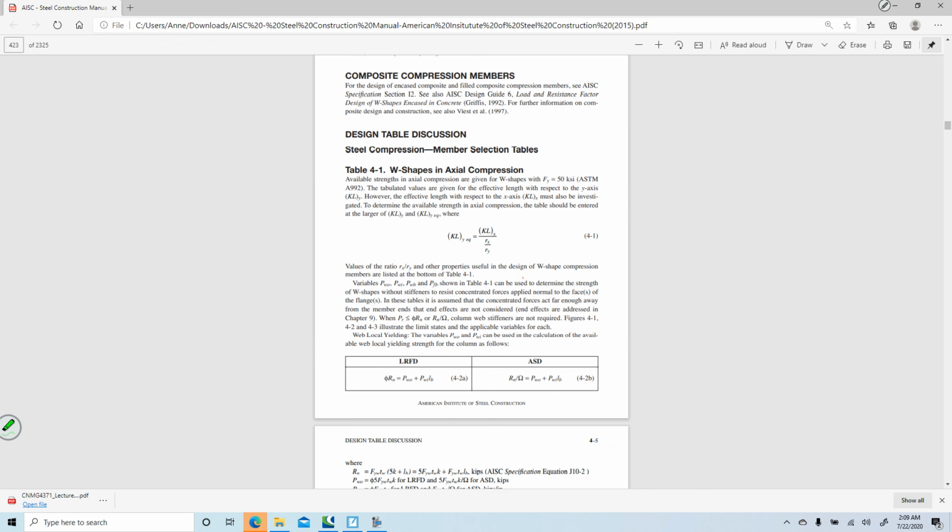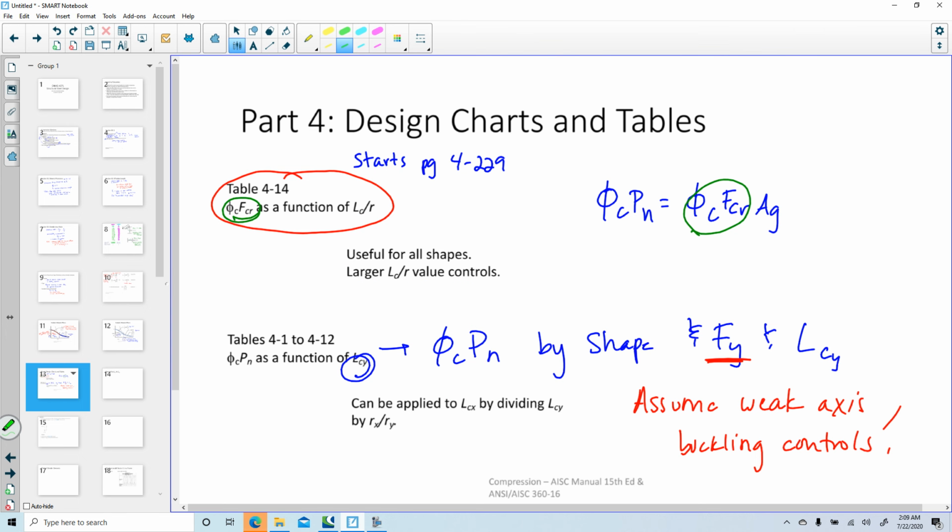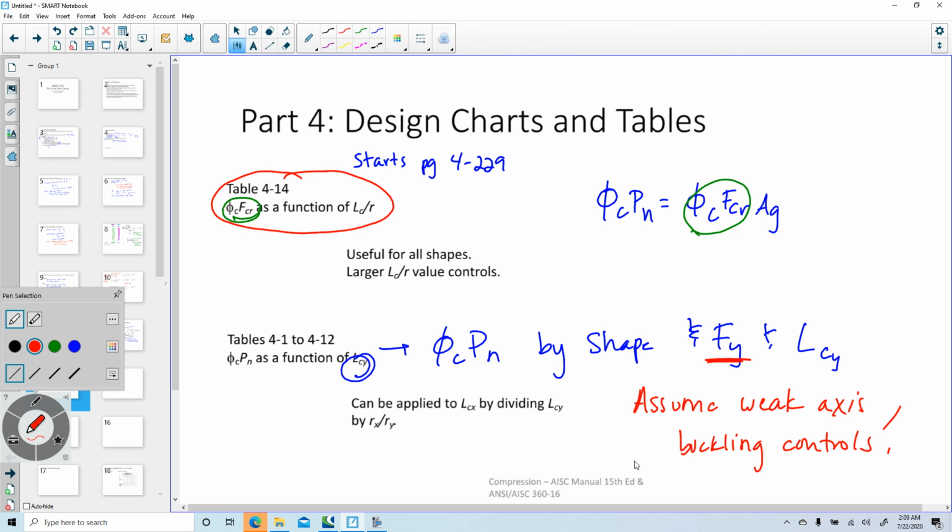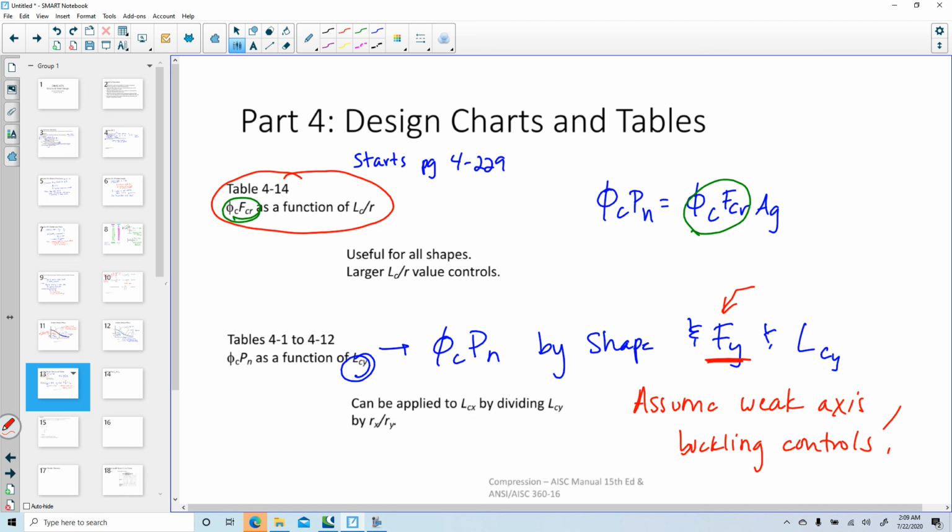Make sure you are looking at the right one. For example, table 4-1A is W sections with your FY equal to 50 KSI.